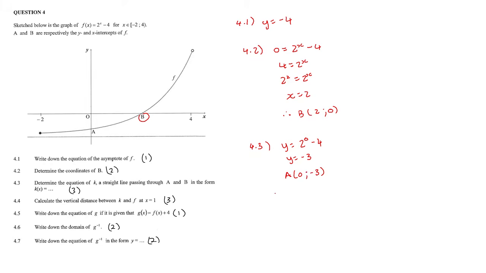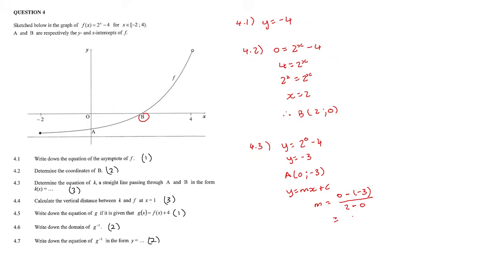We then want to get our gradient. So y = mx + c, but m is equal to, we can start with B, the y value, which is 0, minus the y value of A, which is -3, over the x value of B, which is 2, minus the x value of A, which is 0.